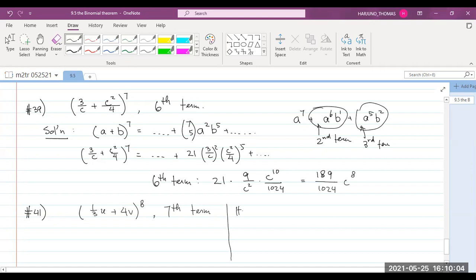Number 45, (2y plus x squared) to the 8th. We want the term that contains x to the 10th. Okay. 3 minutes for each plus your break. We come back at 9:26.